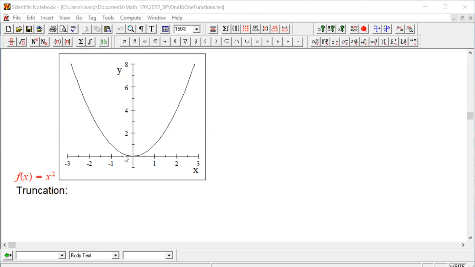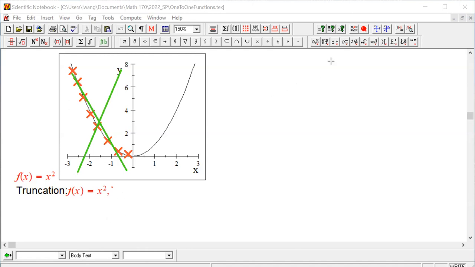Well, one of the ways, I'm not saying this is the only way, is I can chop off this piece. By chopping off this piece, I get rid of the domain on this part, the negative number part. The consequence of this truncation is I'm creating a new function, f of x equals x squared. It's still the same rule, but I'm going to make a restriction because I truncate, I cut this piece off.